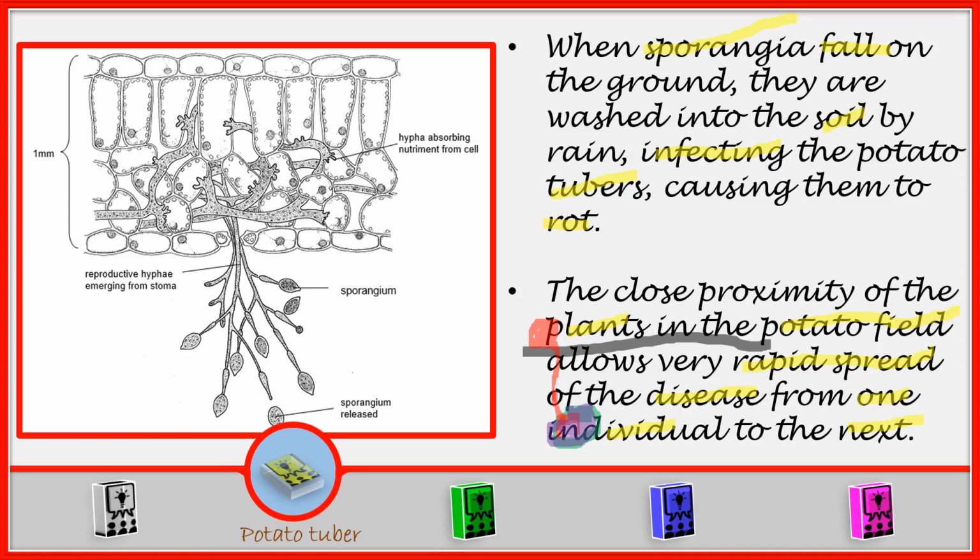So when these plants are in close proximity, it is easier for this disease to move from one plant to another. And that is going to cause a rapid spread of the disease from one individual to the next.